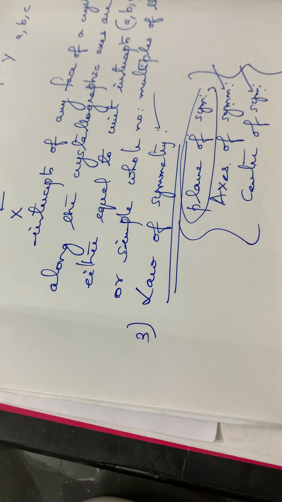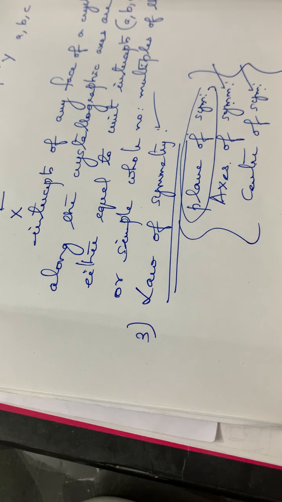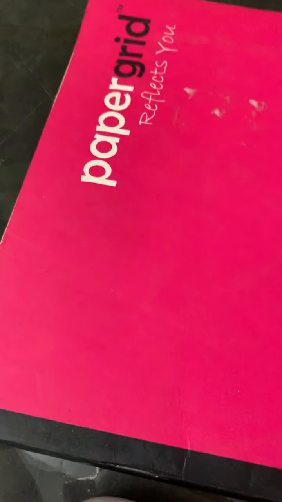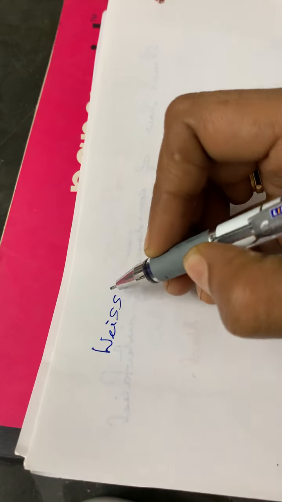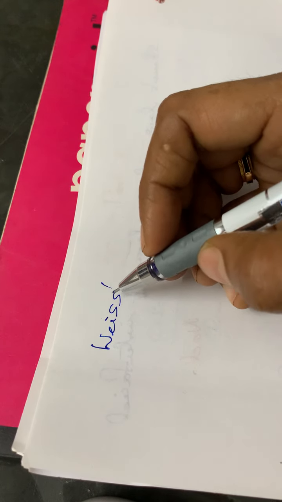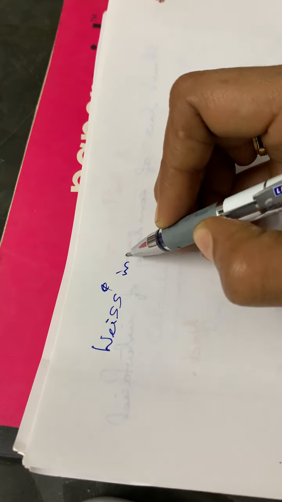Then next we can go through Weiss indices and Miller indices, and these are also very important. The next one is the Weiss indices, W-E-I-S-S, not apostrophe.